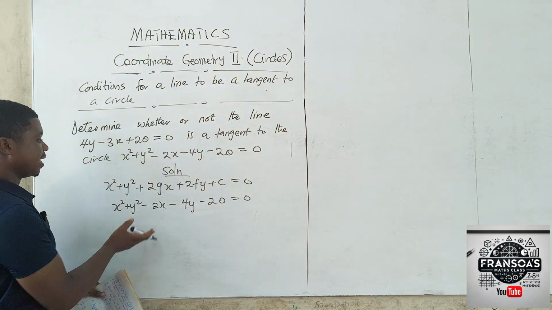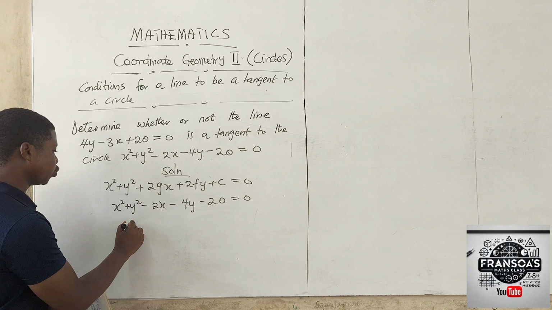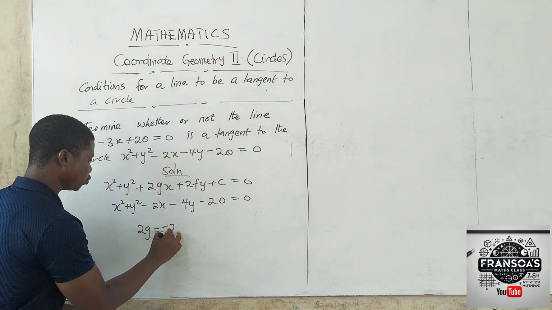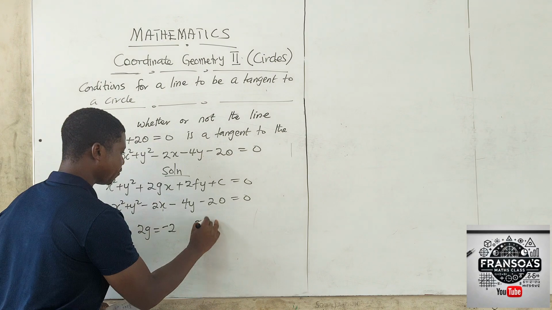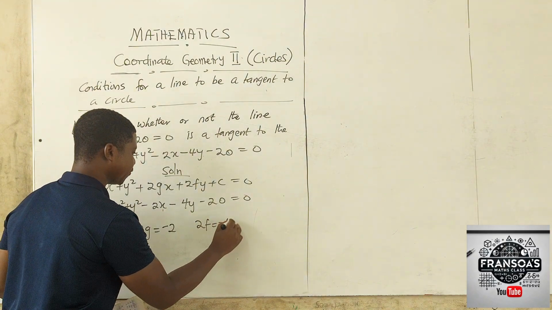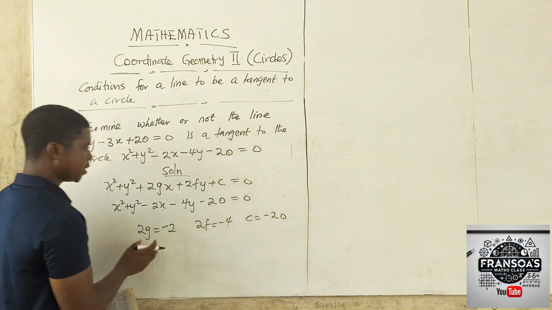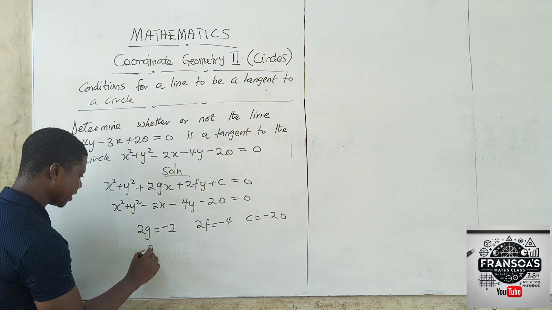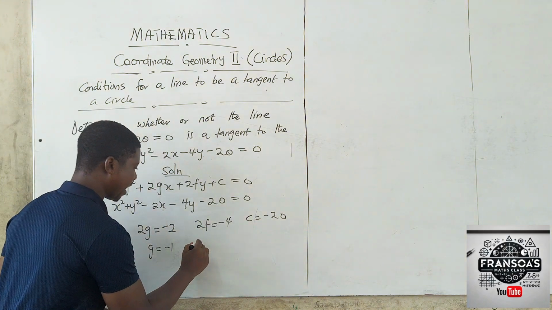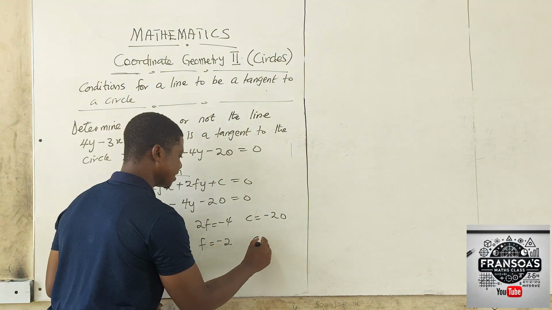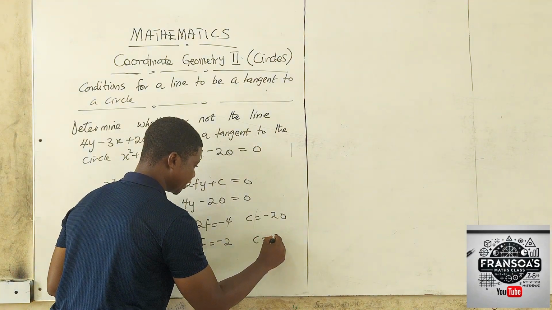So when you want to find our center, you have 2j is equal to negative 2, then our 2f is equal to negative 4, and our c is equal to negative 20. So j is equal to negative 1, our f is equal to negative 2, and our c is negative 20.